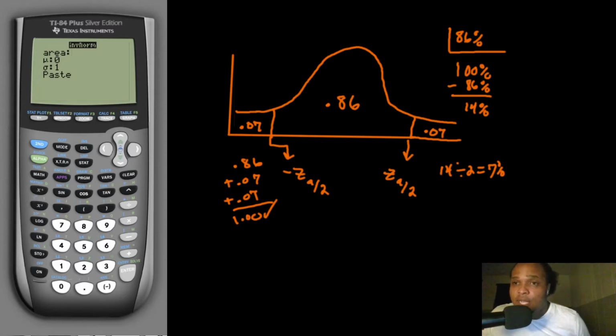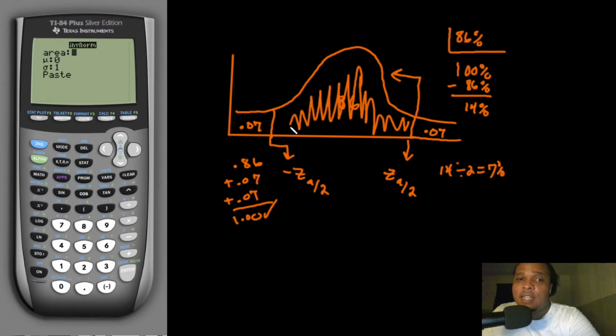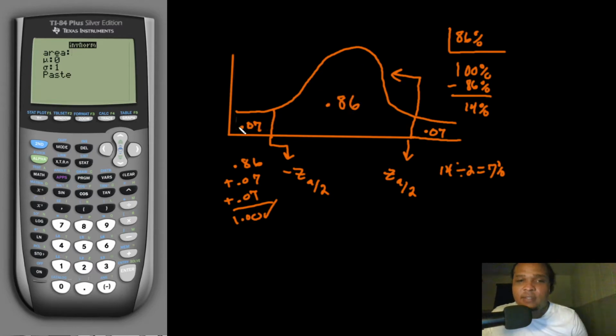Anyway, the calculator is asking us for the area to the left of what we're looking for. So let's take a look at the Z alpha over 2 from the right. How much area is over here to the right? If you were to sweep everything from here and shade everything, all of this in, plus that, how much is that? That's going to be 0.86 plus the 0.07.